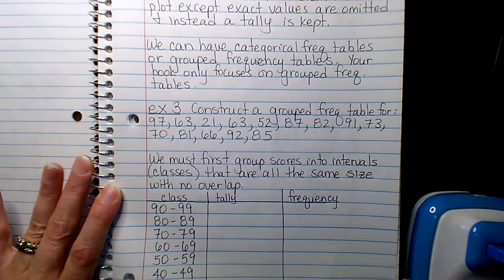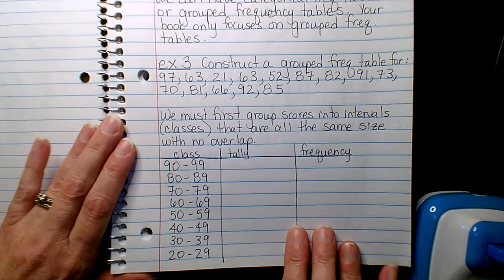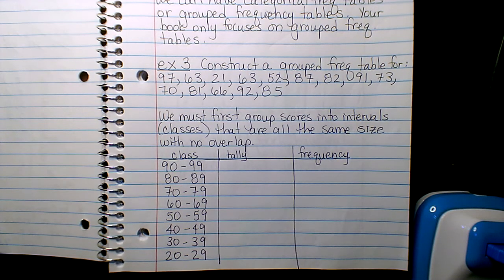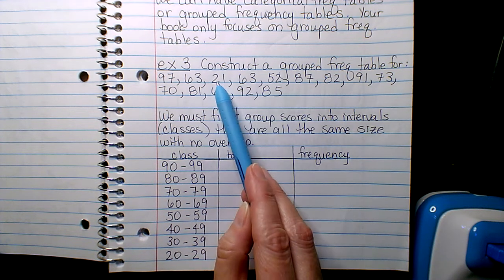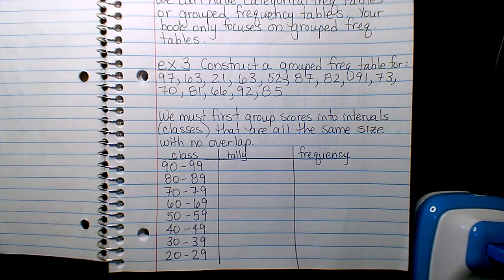Okay, so given the range of this data, I decided to make the classes of size 10 because it went from about 21 all the way up to 97. So I opted to make those intervals like that.